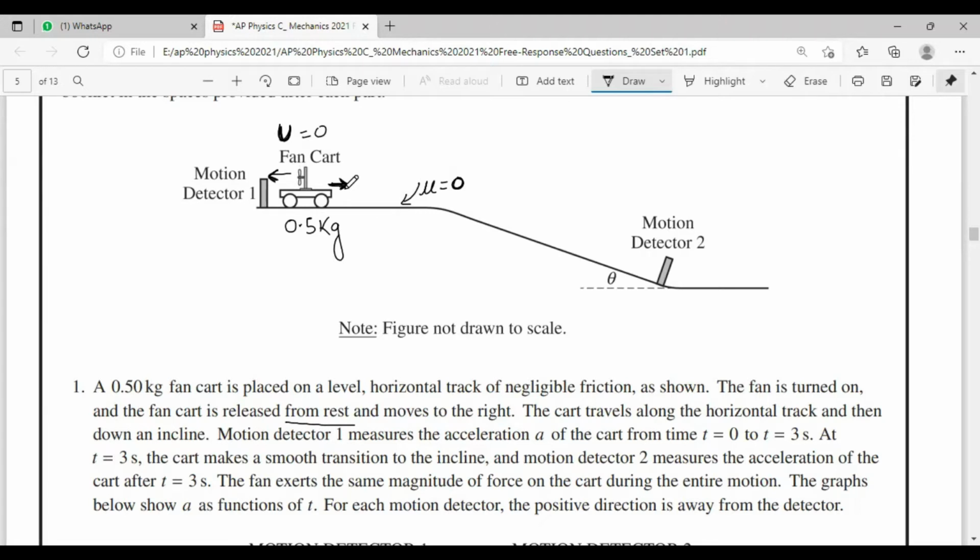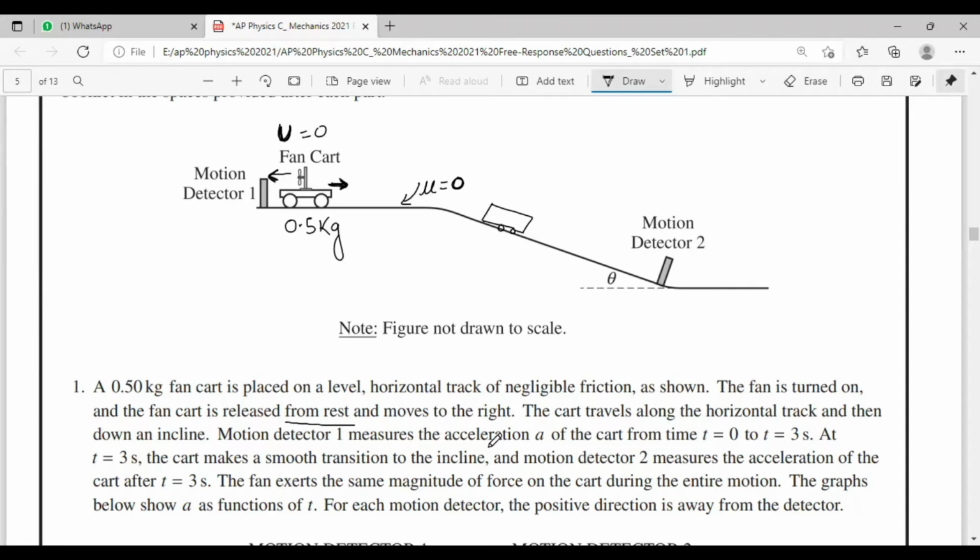So any imbalance in this cart will produce motion. The cart travels along the horizontal track and then down an incline. So after some time it travels a horizontal distance and after that it will move on this inclined plane, right?